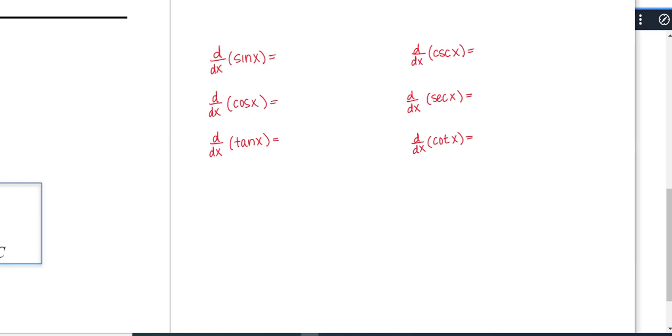By that I mean, if I look at the 6 trig derivatives that we should know, so the derivative with respect to x of sine of x, we know to be cosine of x, which means the antiderivative of cosine was sine. So the derivative with respect to x of cosine x, we said was negative sine x, and you should be able to fill in this chart relatively easily, right? These are our Calc 1 derivatives. So the derivative with respect to x of tangent x was secant squared x.